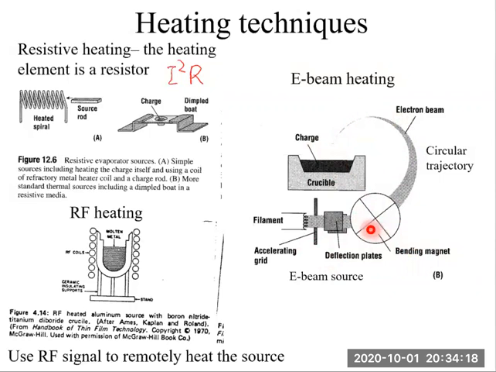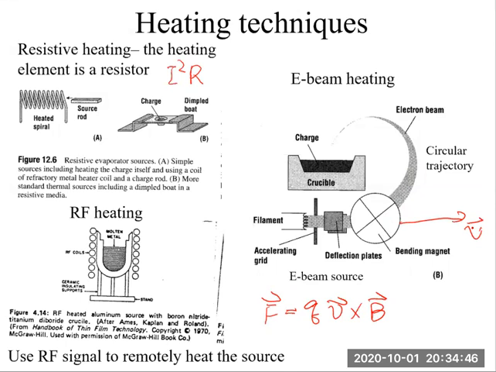So what's the direction of the magnetic field? Here we need to calculate the Lorentz force. F is equal to Q v cross B. v is in this direction, the velocity of the electron.